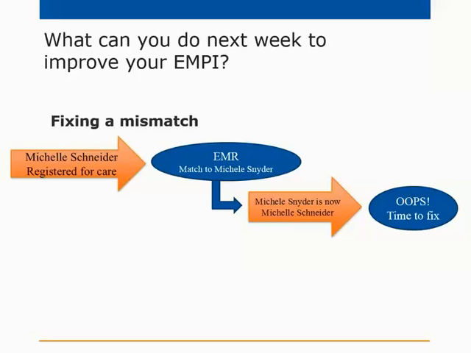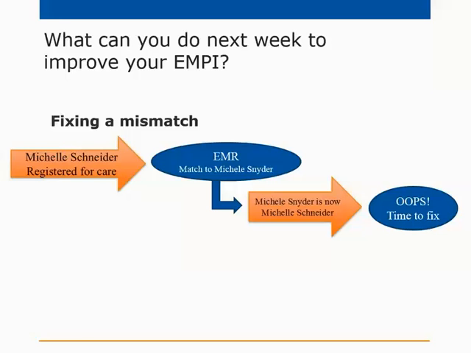So in this example, we have Michelle Schneider, who's registered for care, and either a registrar or maybe automatically based on some matching score, I am now associated with the record of Michelle Snyder with one L and Schneider spelled Snyder.